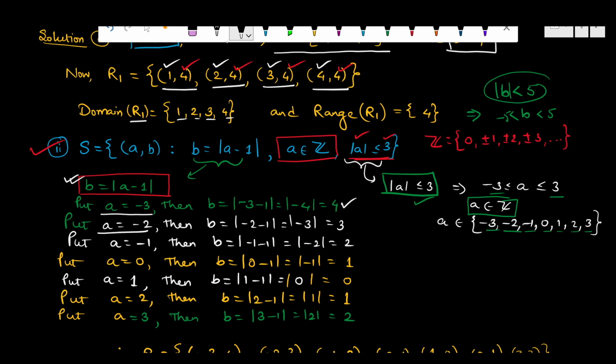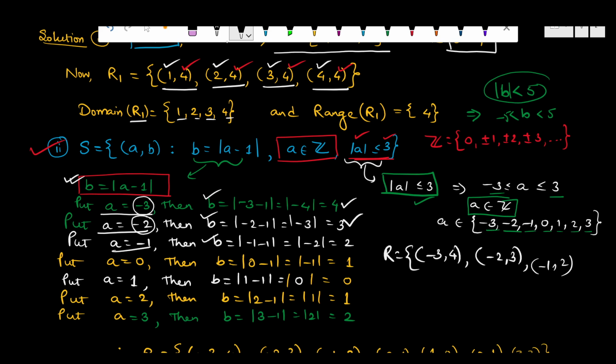Similarly, put a equals -2, b equals 3. So we are getting R as the first pair (-3, 4), then we get (-2, 3), then we get (-1, 2), right? You put the values of a and get the values of b, right?